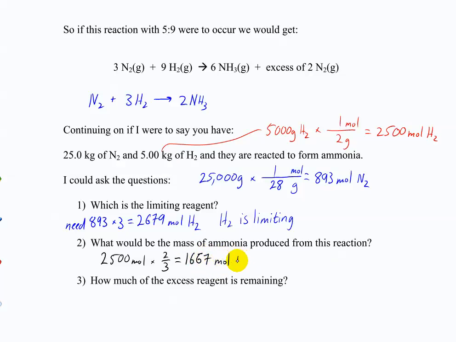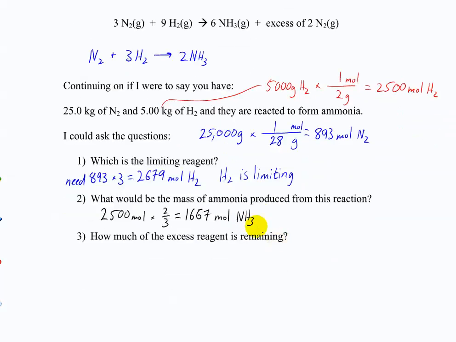So that's how many moles of ammonia is produced times 17 grams per mole of ammonia. So we'll say 28.2 kilograms of ammonia is produced.